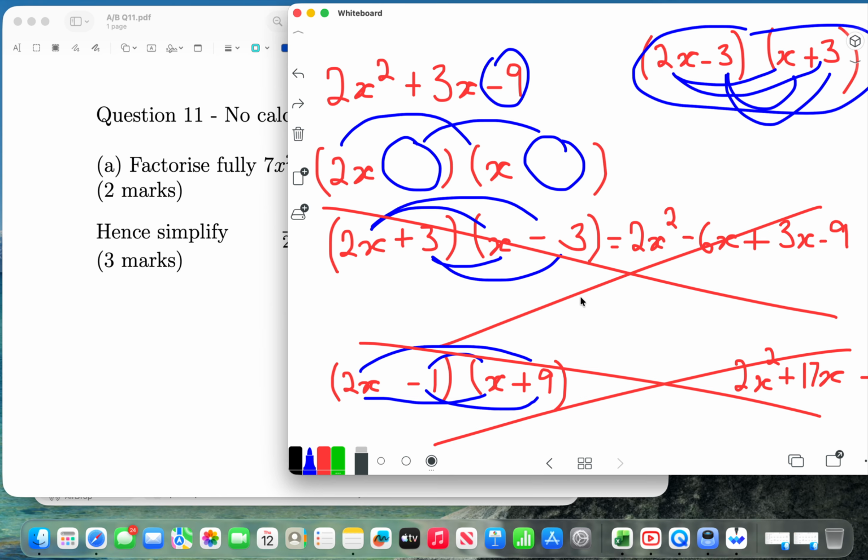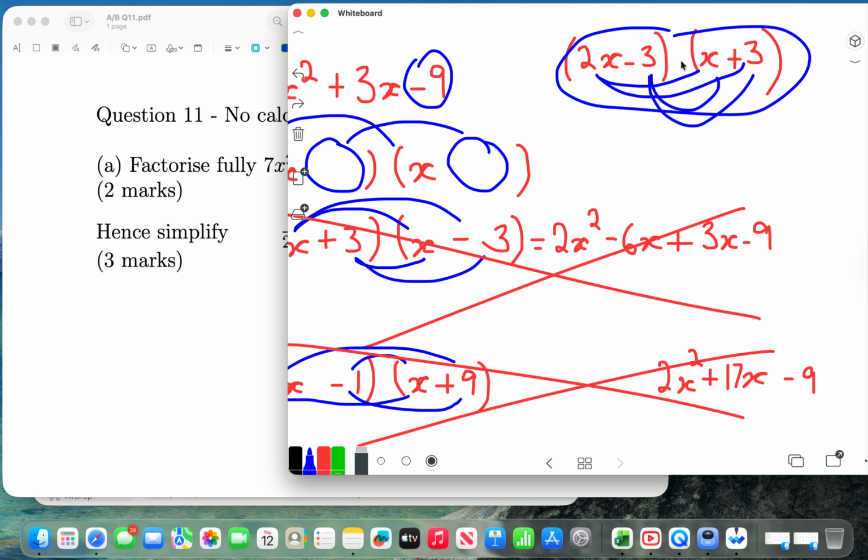It's one of those times that you don't want to show the working, because you want to make it abundantly clear that this, like I've done up here, is the factorisation that you found to be correct.